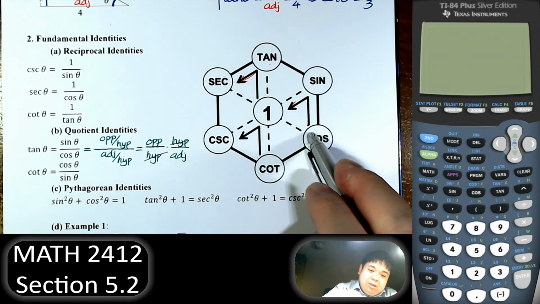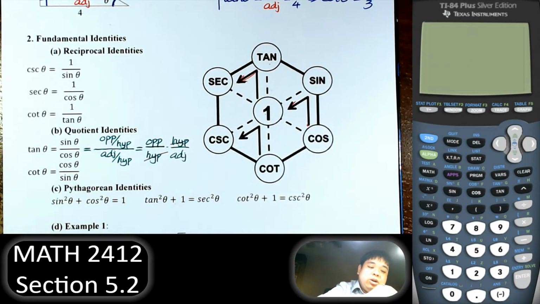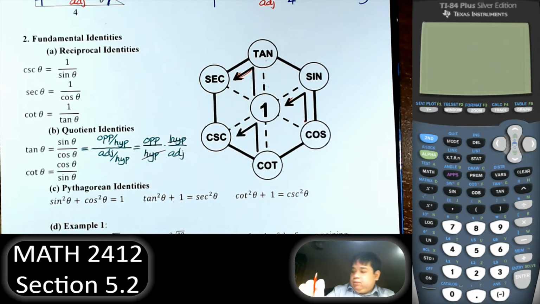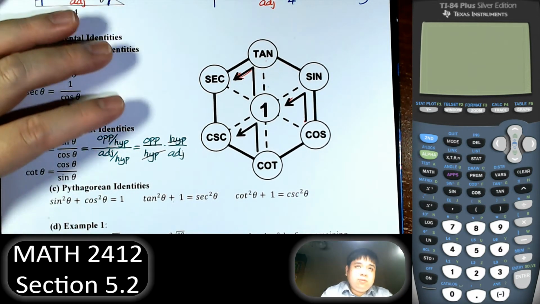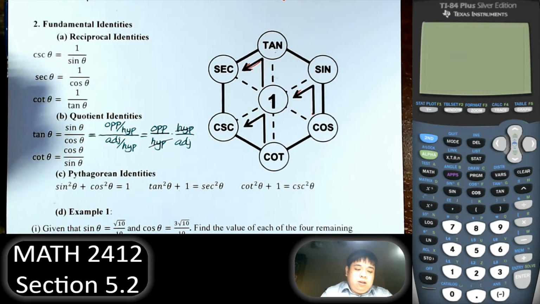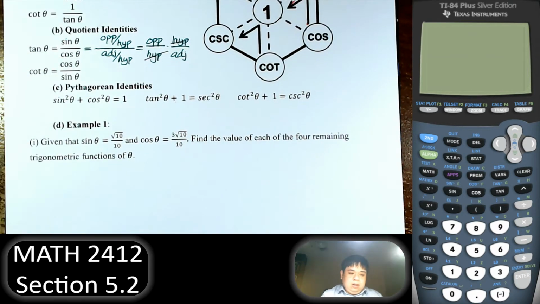So that gives us the Pythagorean identities.